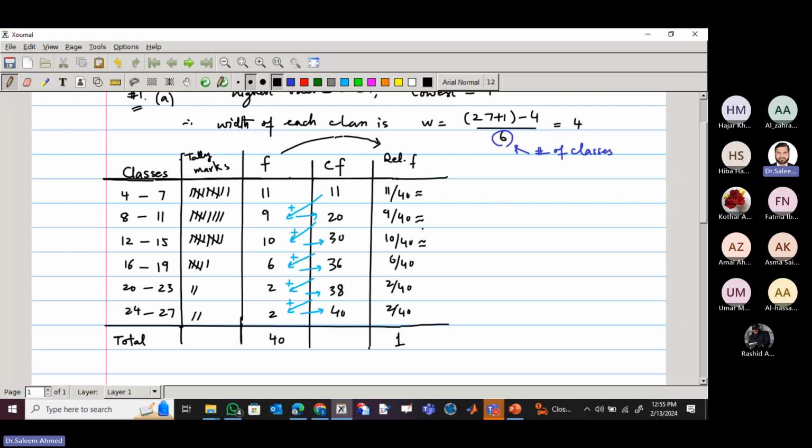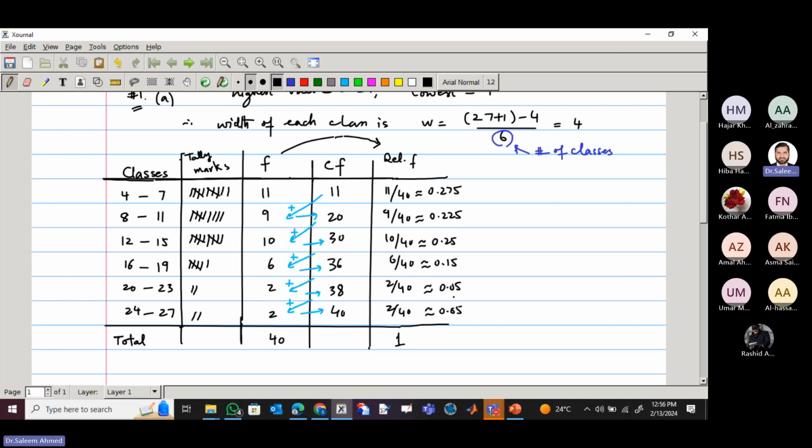So if you want, 11 divided by 40 is 0.275. 9 by 40 is 0.225, and this is 0.25. 6 by 40 is 0.15. 2 by 40 is 0.05. 2 by 40 is 0.05.